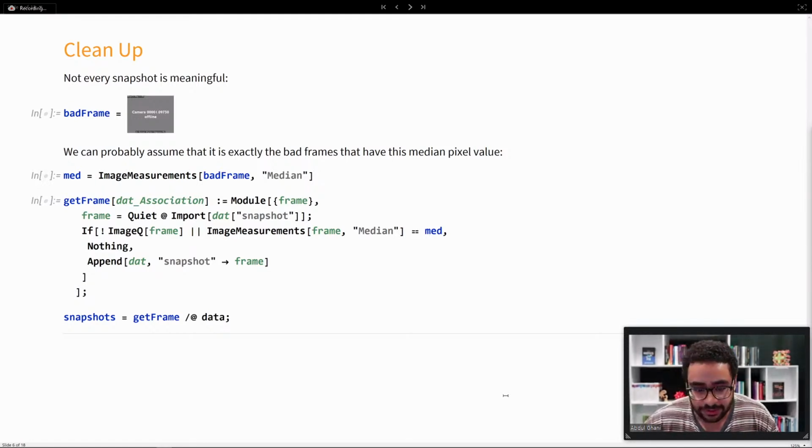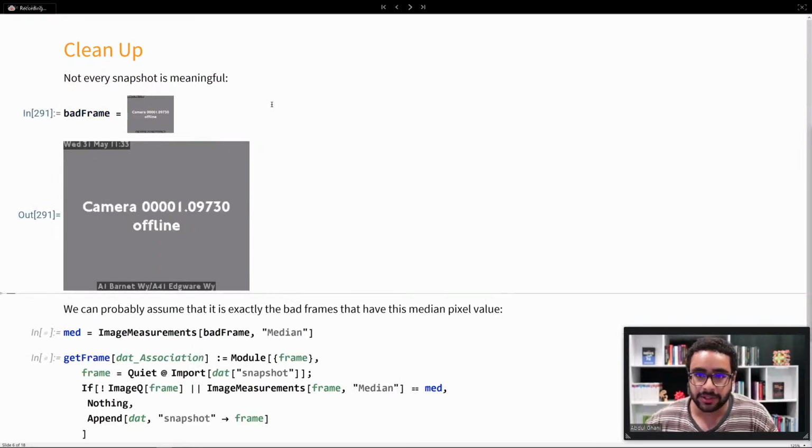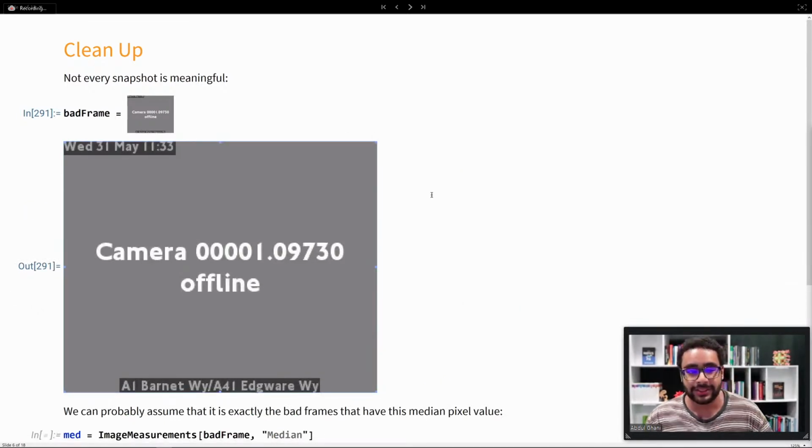We were careful to select only the endpoints where there was an image associated with it, but that's not enough. It's not enough to have an image, because some of these images we want to count as not really existing. Sometimes a camera is offline for whatever reason, and then we get a frame that looks like this, and we would like to get rid of frames that look like this.